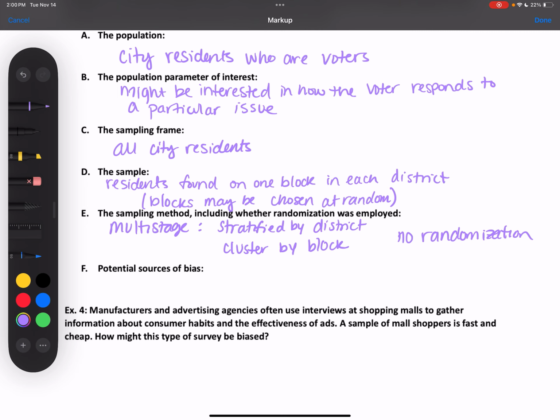Yeah. I would just say whatever you put down, you need to justify it. Right. Okay. So if you put down undercoverage, then you could say something along the lines of, they're not sampling everyone in the district, or they're not getting a good random sample of the district. They're only taking one block out of that district or something like that.